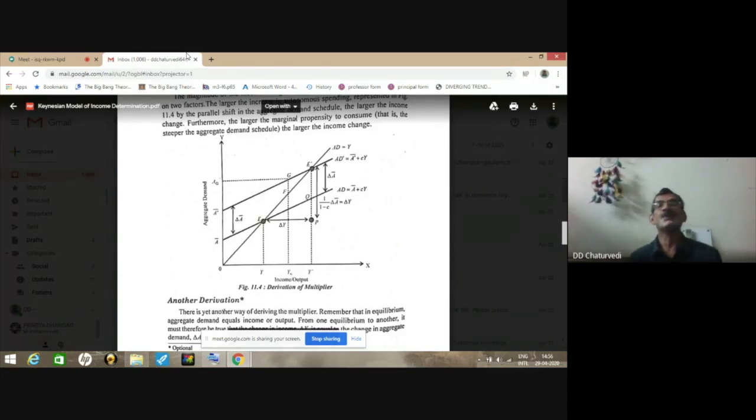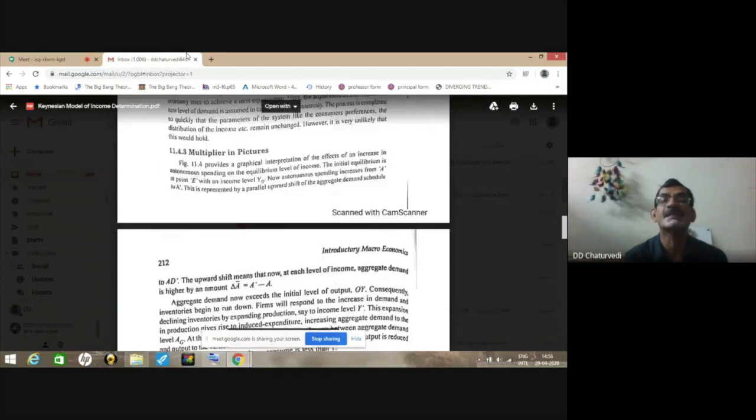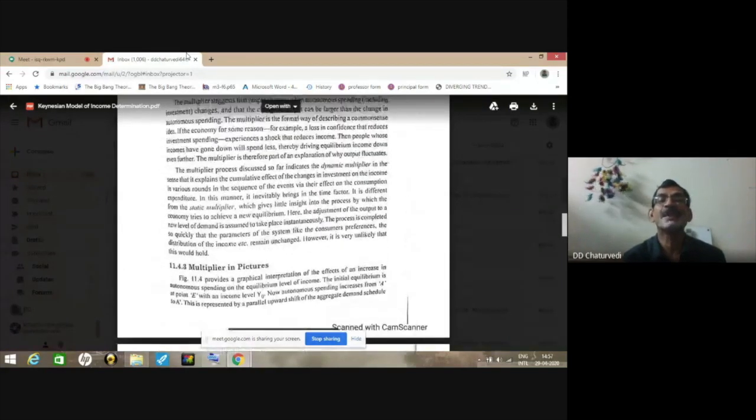If you take the ratio of the two, what you get is called the multiplier, or to be more precise, the investment multiplier. It is given by delta Y upon delta A bar, and the formula is 1 upon 1 minus C. I have already told you that delta Y upon delta A bar gives us the multiplier value alpha, which is equal to 1 upon 1 minus C, which is the investment multiplier.